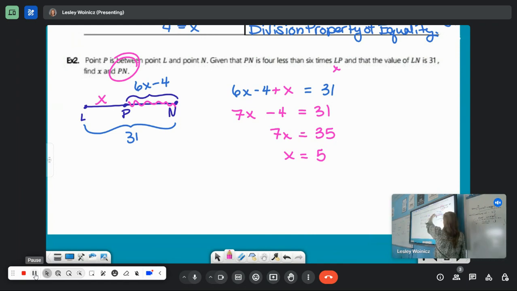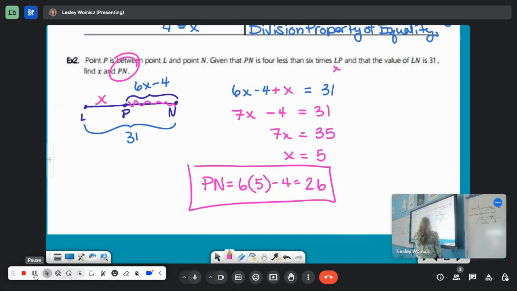So I'm going to substitute it back in. So I'm going to say PN equals 6 times my x, which is 5, minus 4. And someone said it. 26. Okay. How do you feel? Okay. No one's crying. We're moving on.